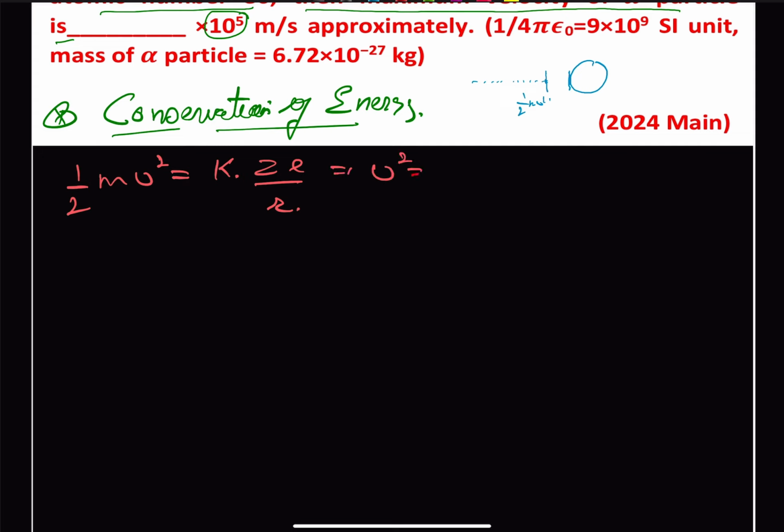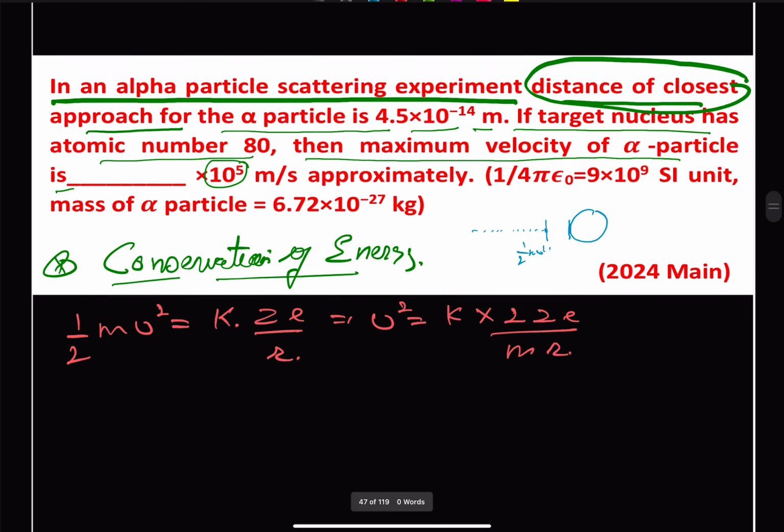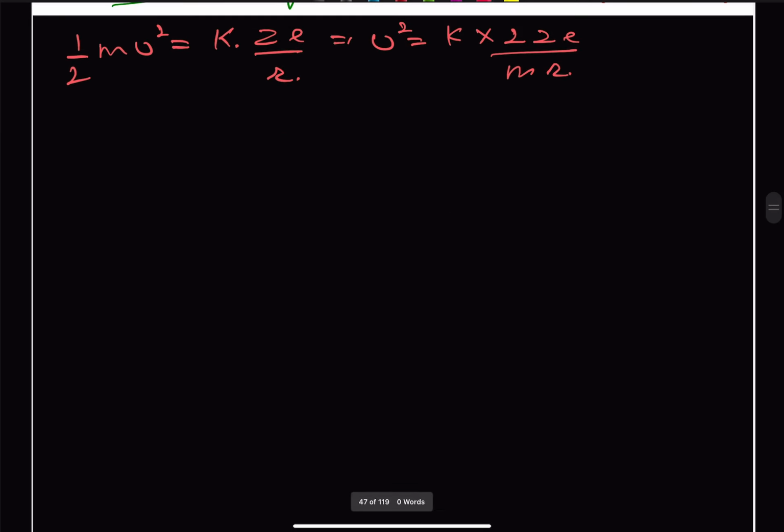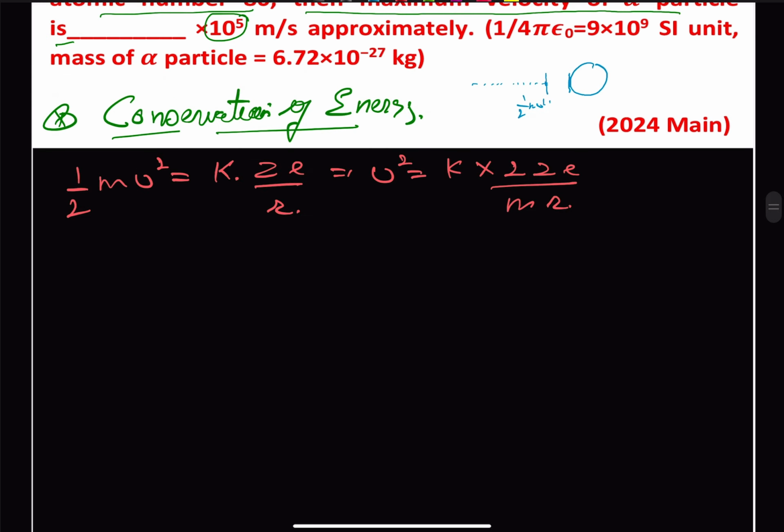So we can say velocity square will be equal to k multiplied by 2 ze upon mass into radius, and radius is given to us, that is closest approach. So this is our r, and at this particular point the entire energy will be our electrostatic potential energy. Okay.